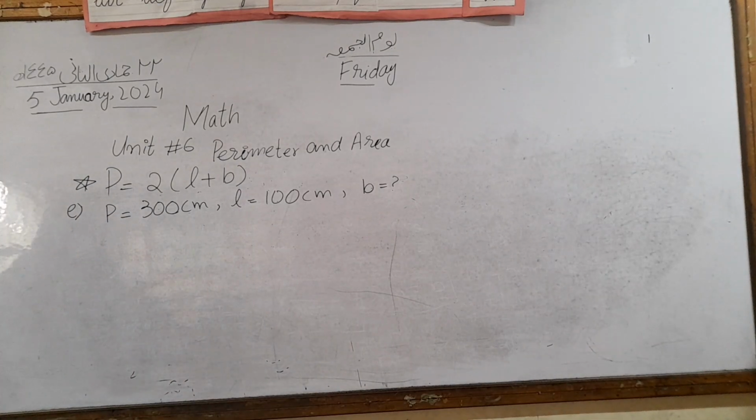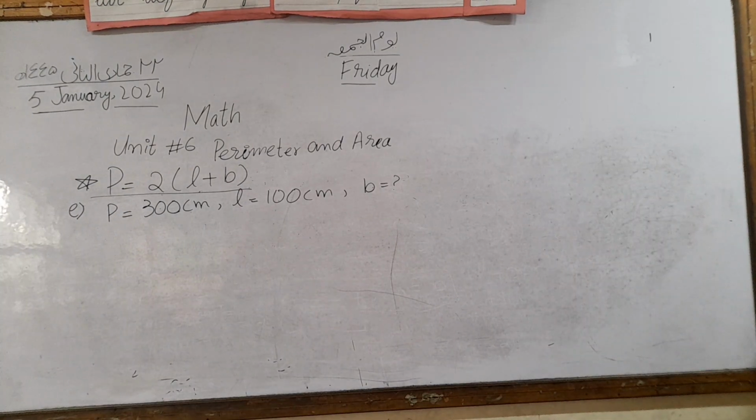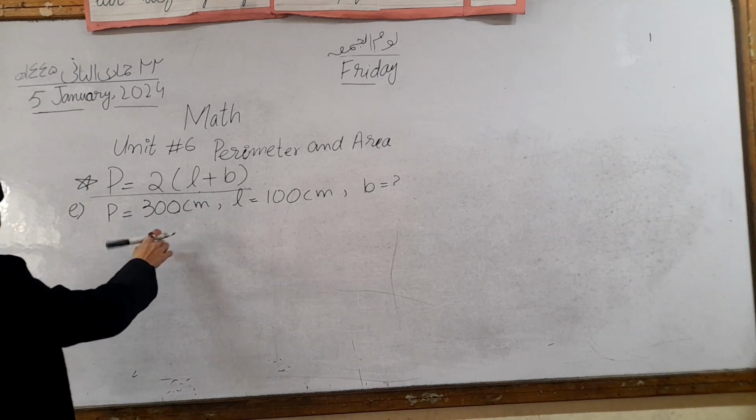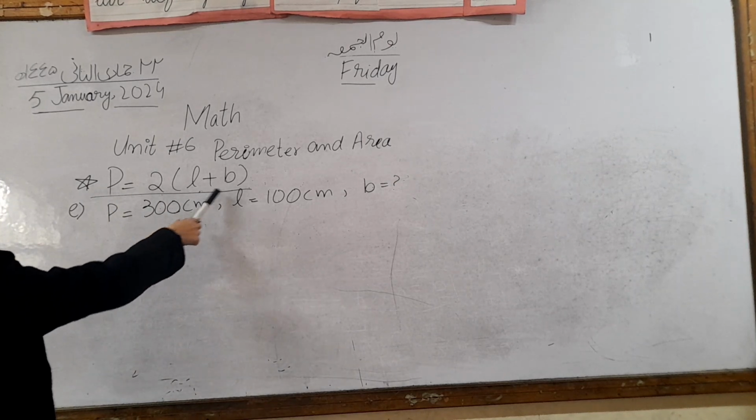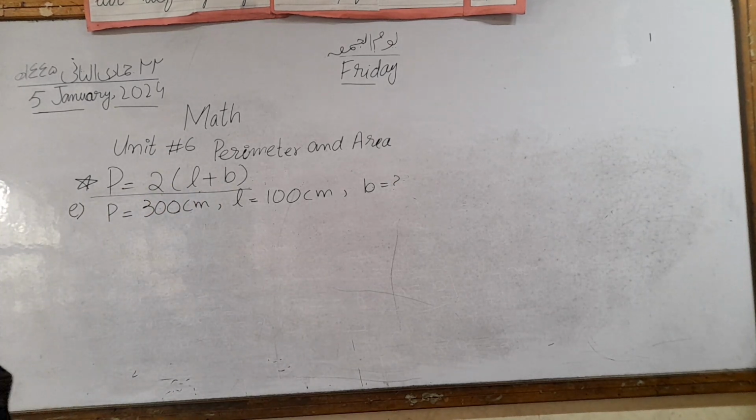This is your homework, class. You will do this question by following the method that we have done in class, and you will do all the questions in your notebook. If you find any problem or ambiguity regarding any question, then you may consult with me in the coming lessons. Okay, Allah Hafiz.